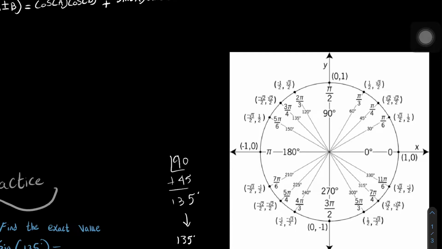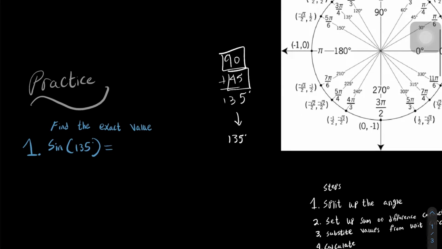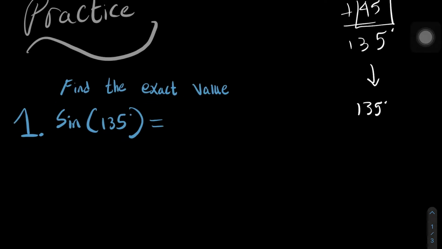So we're going to use 90 degrees and 45 degrees. Now let's write that in our parentheses: sine of 90 plus 45 degrees equals the value we're trying to find.